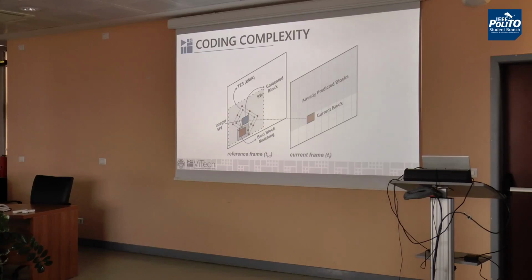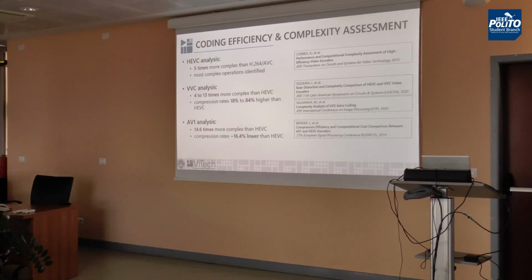There are many options that you can use in current standards. That's why those combinations in terms of different prediction modes, I mentioned HEVC, 35 modes. VVC has almost double, different modes, different directions you can predict.